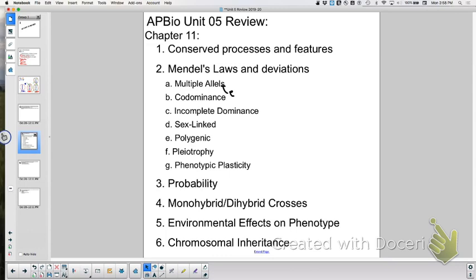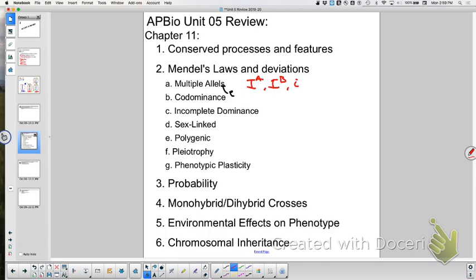Your best example for multiple alleles, if you were going to support that on an essay, and we're not having an essay tomorrow, but you have a final coming, so I'm trying to kill two birds with one stone. What would you use to support that? Blood types, because you have big IA, big IB, and little i.